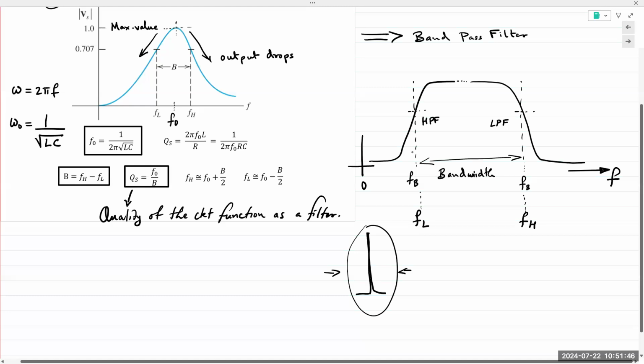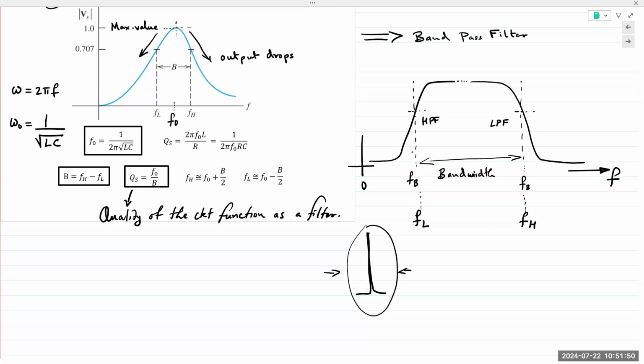If you see, it is F0 divided by B, meaning the bandwidth around the resonant frequency. For ideal filters, that bandwidth would be equal to 0.